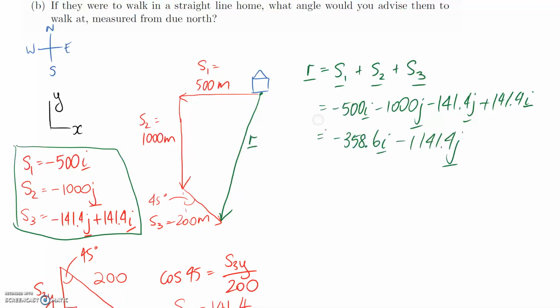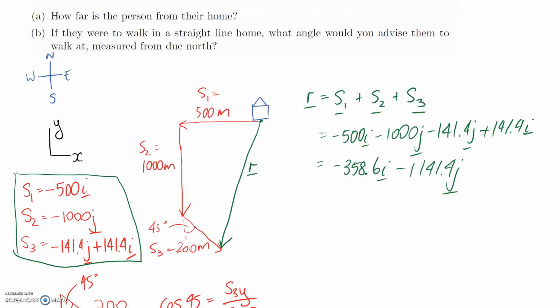Alright, so that's the vector that describes the resultant, but what we were really looking for was how far they are from home. So what we're looking for is just a number for the distance that they are from home. So that would be the magnitude of this vector, or the length of this vector. So we can get that fairly easily.